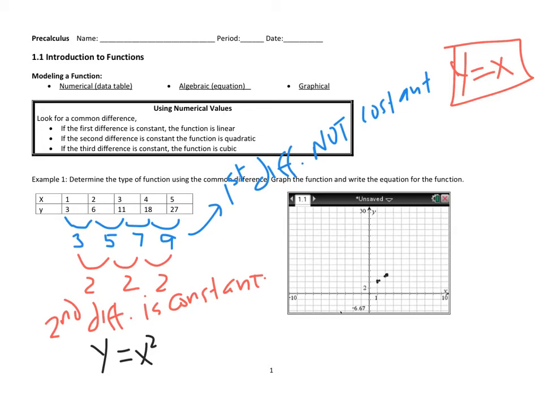It's going up by 2, and then 3 goes with 11, 4 goes with 18, and 5 goes with 27, so about over there.